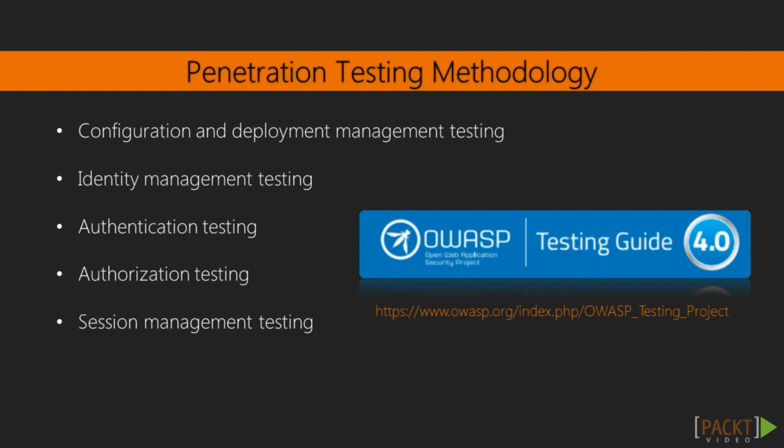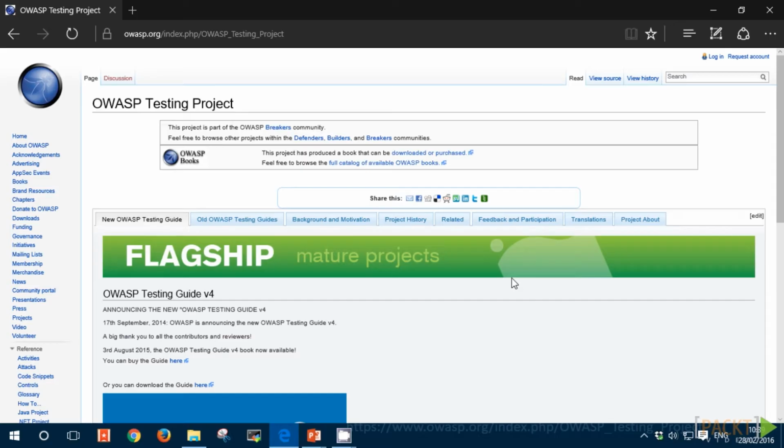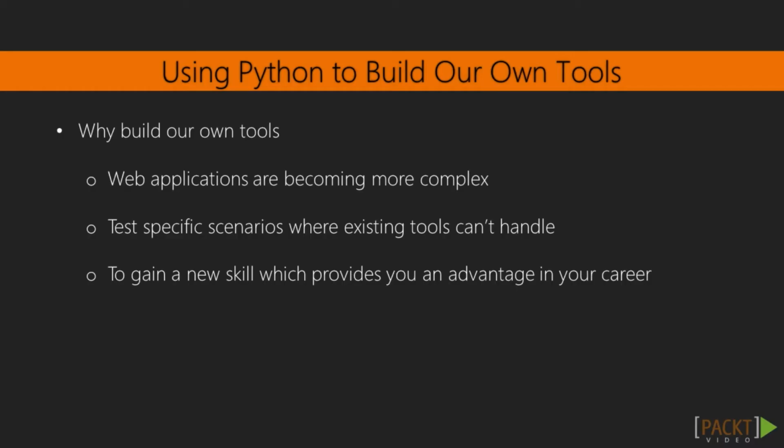We are going to cover some of these areas in this training. I encourage you to expand your knowledge on these areas by reading the OWASP Testing Guide. So, why build your own tools?